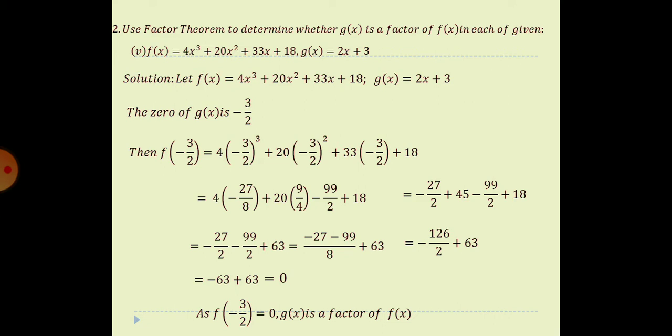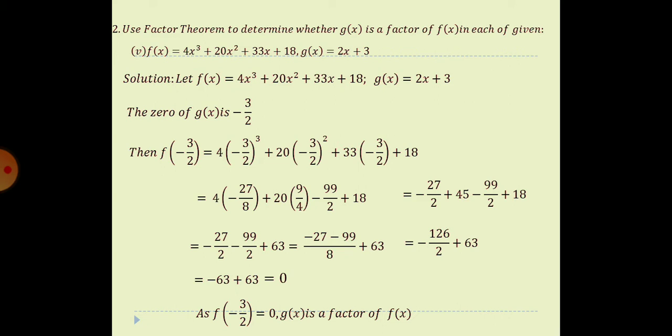Now let us simplify this. We bring both the fractions to one side and both the whole numbers to the other side. So 45 plus 18 is 63, and minus 27 by 2 minus 99 by 2 is minus 27 minus 99 by 2.